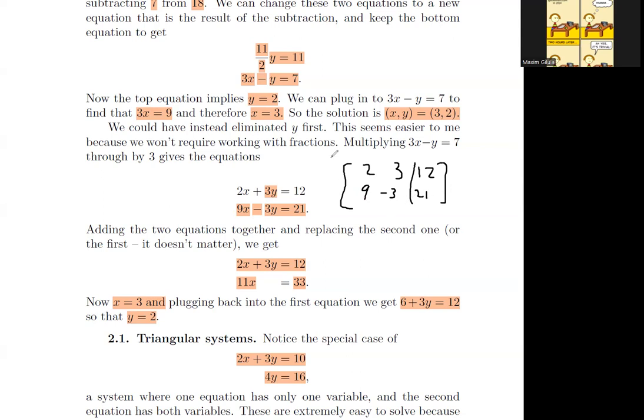But this came from another equation. This used to be 3x minus y equals 7. So we took the matrix [2, 3, 12; 3, -1, 7]. Let's call this row 2.